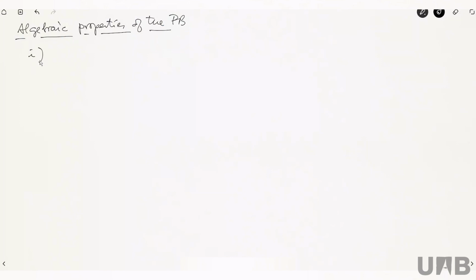First, antisymmetry. That means that the Poisson bracket of A and B equals minus the Poisson bracket of B and A, directly from the definition. And as a consequence of this, the Poisson bracket of A with A vanishes.